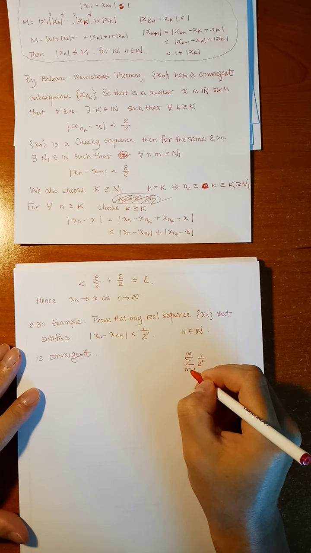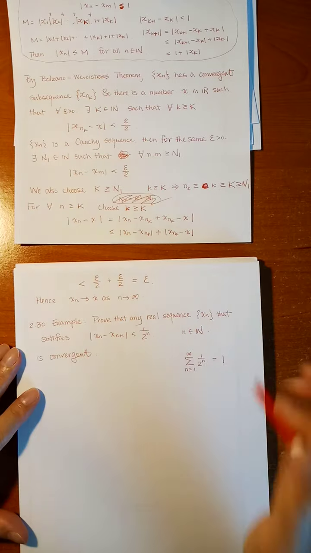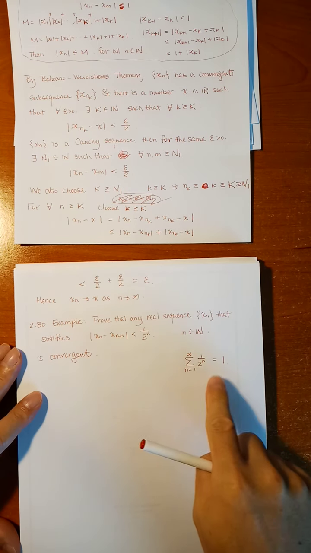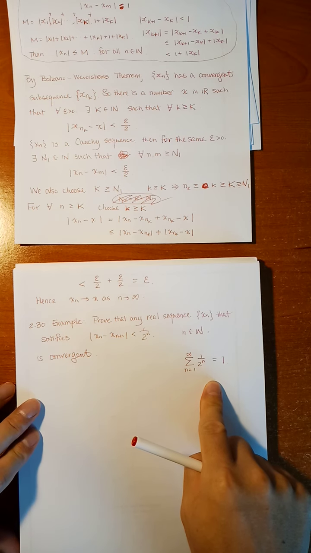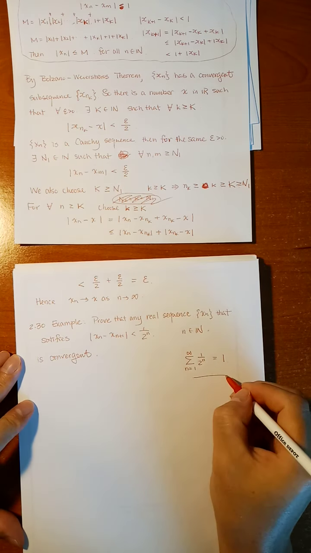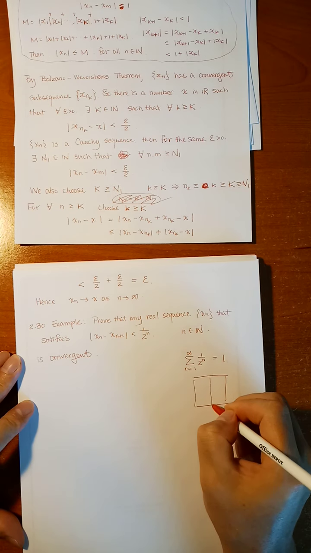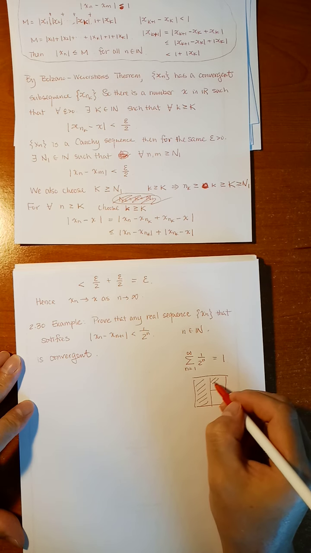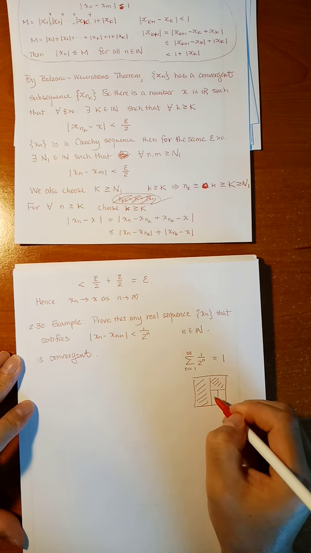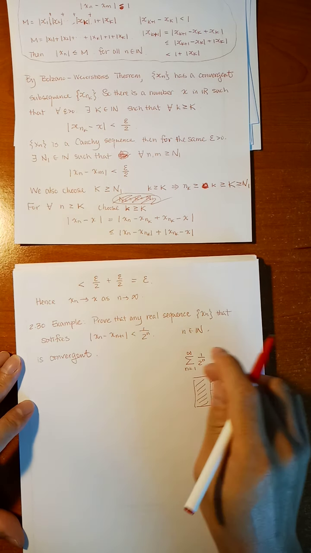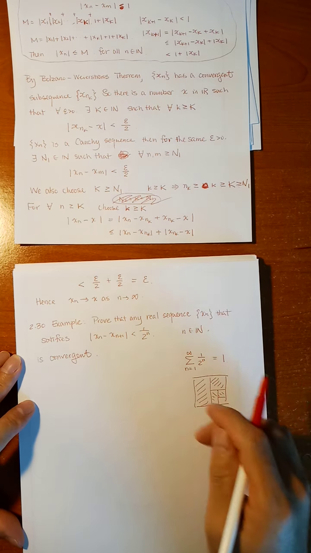The sum of one over 2 to the n from 1 to infinity is equal to 1. This series is equal to 1. It's a geometric proof. You cut it in half. This is 1/2, the first term. You cut the rest in half. This is 1/4, the second term. 1/8, 1/16. So you add all of them together, you recover the big square.